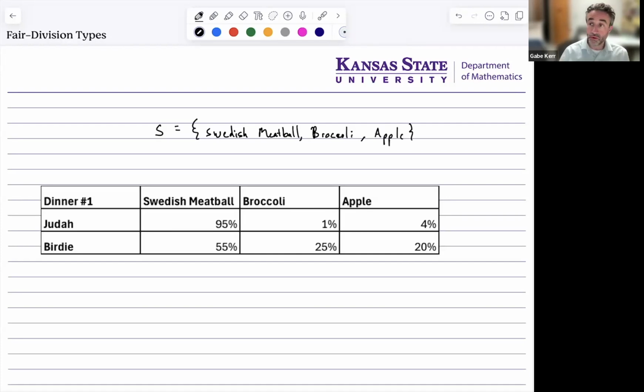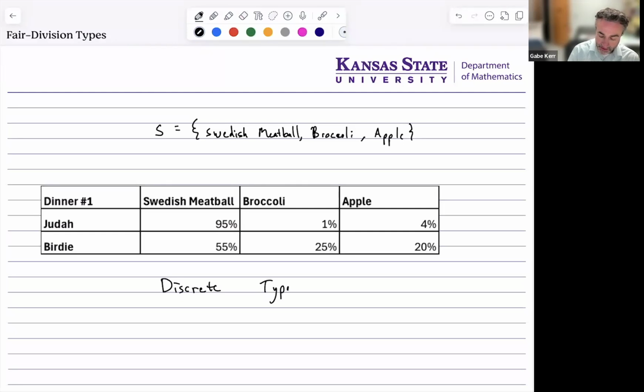And now this system, the way I was referring to it and the way I was considering fair divisions or fair shares, was what's known as a discrete system. So the fair division type. So this is a discrete type.